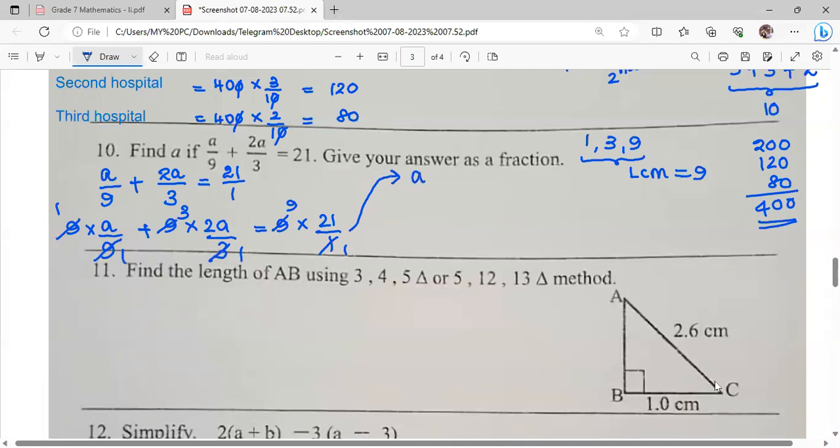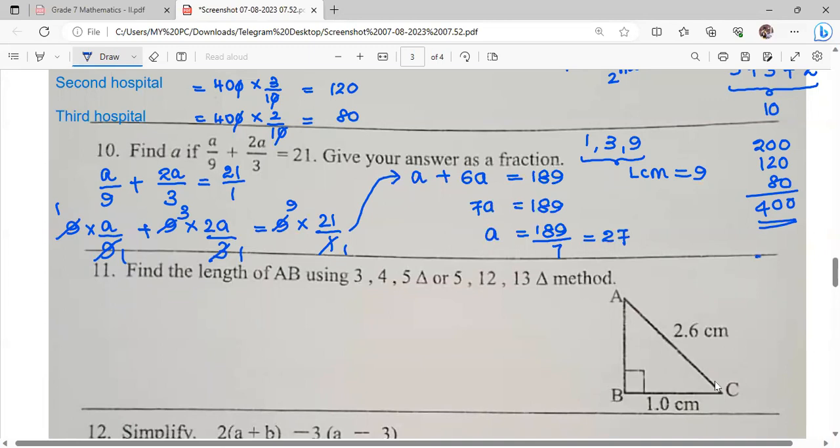Here I have 9 and 3 times 2 is 6A. Then I have 21 times 9, it is 189. Then 7A is equal to 189. When I divide 189 by 7, it gives me 27. Then the A value is 27, right?